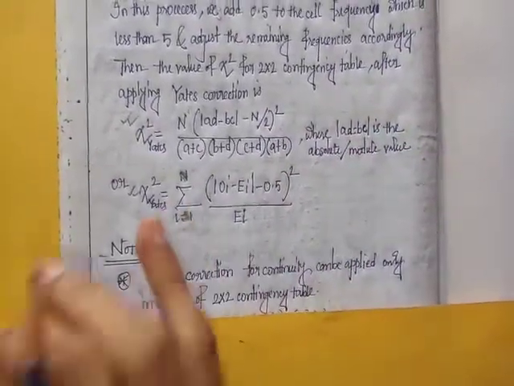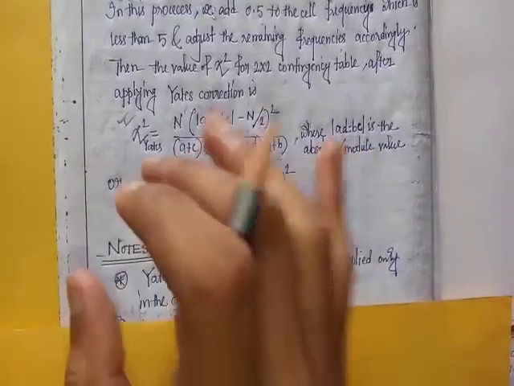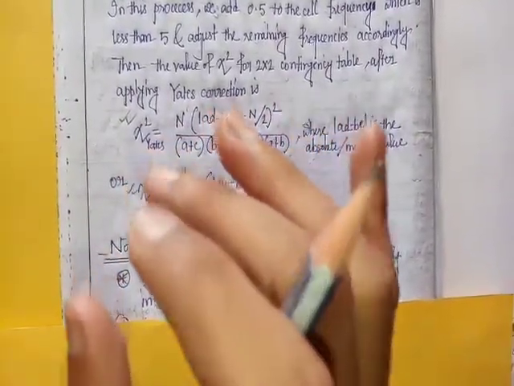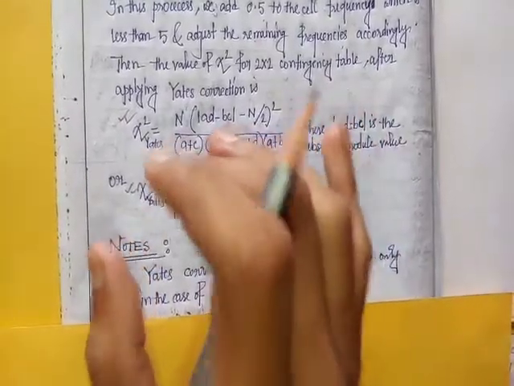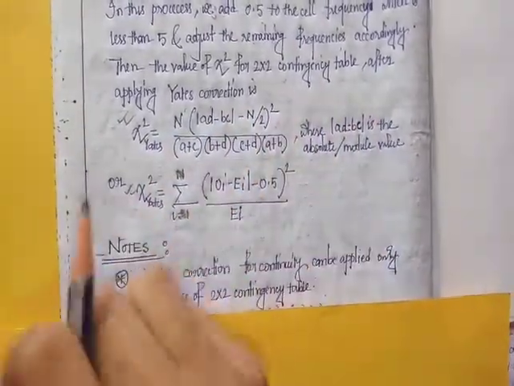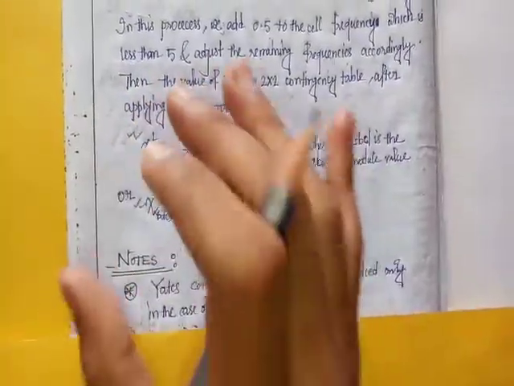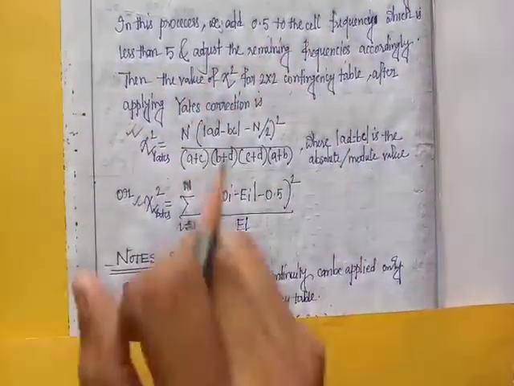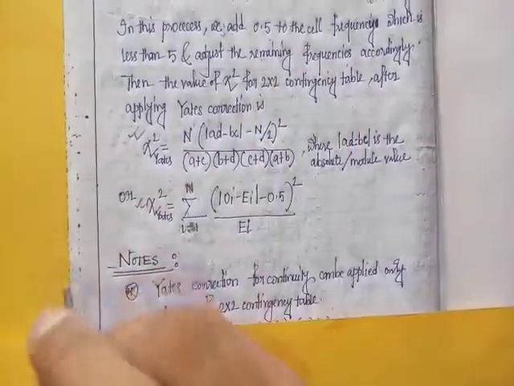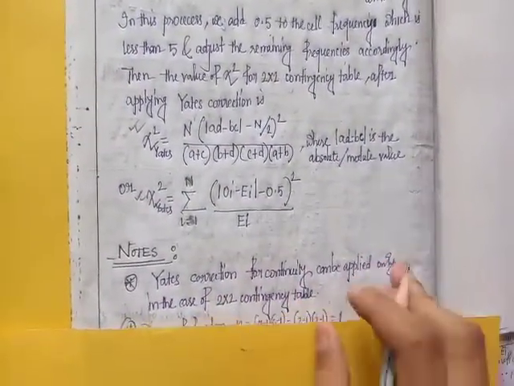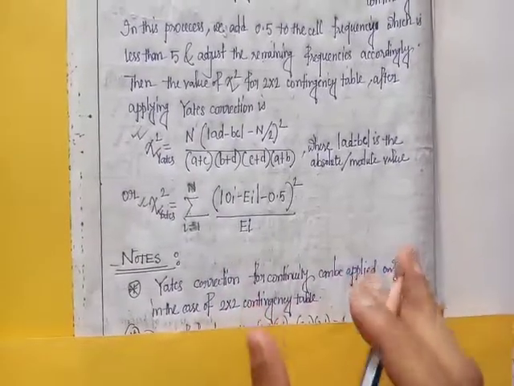That is, for any 2x2 contingency table, if any cell frequency is less than 5, we apply Yates correction for continuity. So Yates correction for continuity applies only for a 2x2 contingency table.